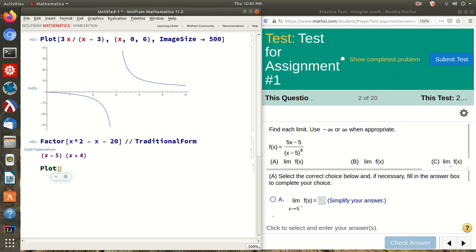Plot 5 times x minus 5 divided by x minus 5 to the power of 4. And again, I would like 5 to be in the middle, so let's go from 3 to 7, which will place 5 exactly in the middle.